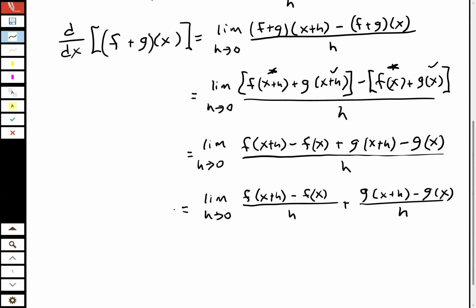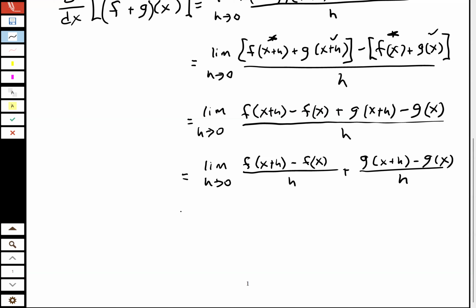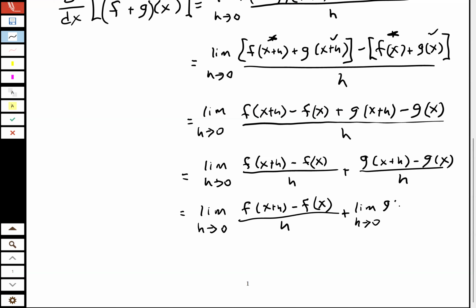I'm taking the limit of this whole thing, so I can think of that as the limit of the first function, f of x plus h minus f of x over h, plus the limit of the second difference quotient piece for the function g, g of x plus h minus g of x over h.